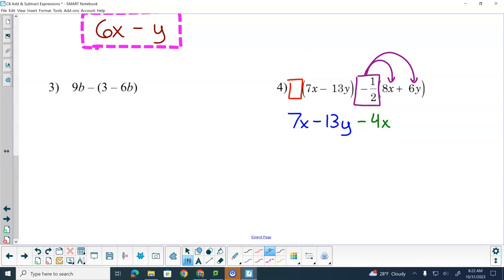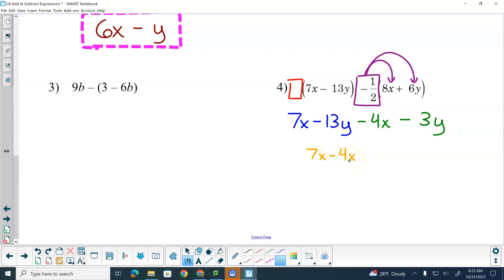Negative, I said 6x, yes. It was y. Negative 3y. Like terms, Adrian's already getting a head start. What's like with the x? Negative 4x.